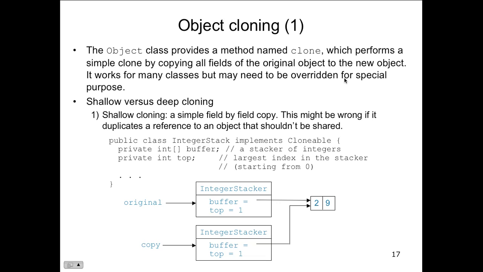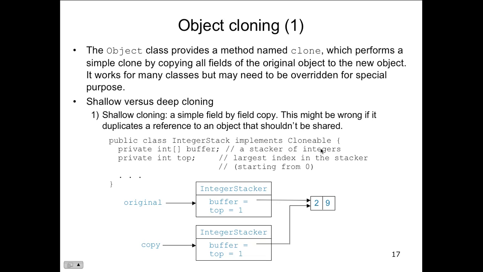Especially when you want the clone to use dynamically allocated memory instead of statically allocated memory, or in some cases in which you want the clone to be changed and you don't want it to have everything that the original had. So, shallow versus deep cloning, and that's essentially working with the dynamically allocated memory. Shallow cloning is a simple field-by-field copy, which might be wrong if there are duplicates of the references of objects that shouldn't be shared.